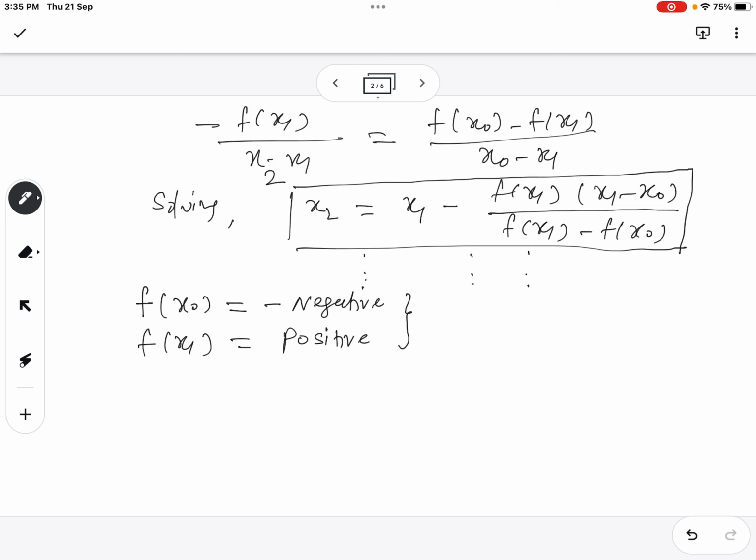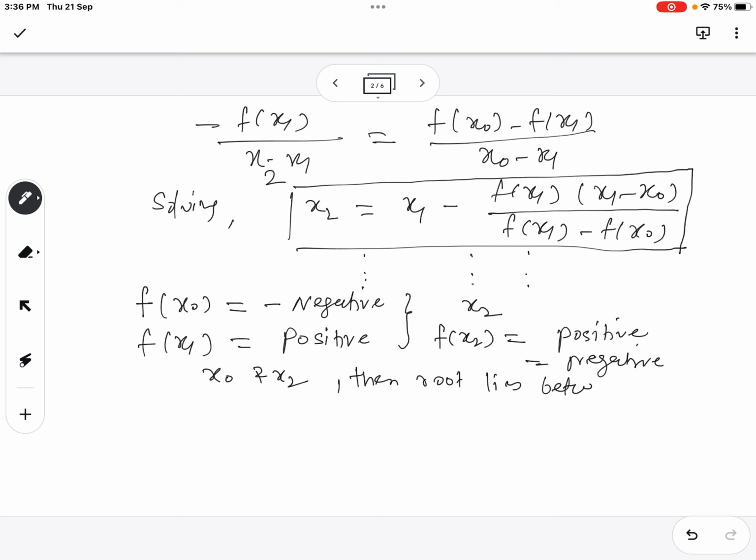From this we find another point, and then we evaluate the function at that point, and if it is positive, then the root falls between x0 and x2, and if it is negative, then the root lies between x1 and x2. Now this I am going to show with an example.